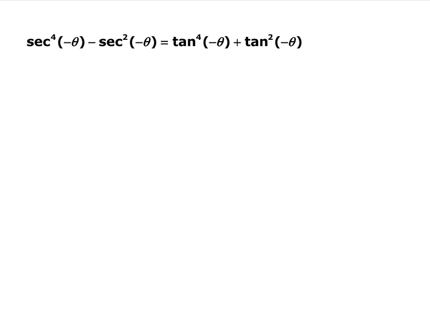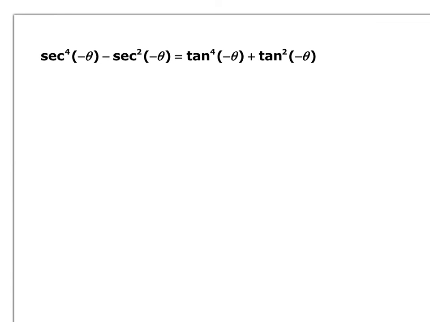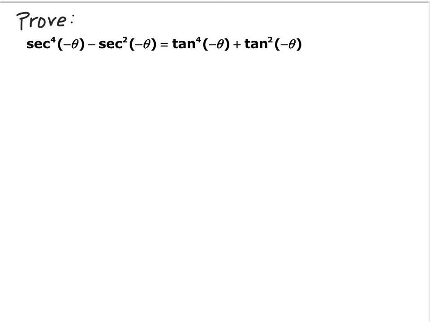What you'll find is a lot of times there's multiple ways to solve these problems that are correct. For this one, for instance, it doesn't actually matter which way you start. It doesn't matter if you start with your secant side or whether you start with your tangent side. Both sides are equally easy or difficult. You could use even and odd properties, seeing that you have some negative thetas in here, but it wouldn't matter.